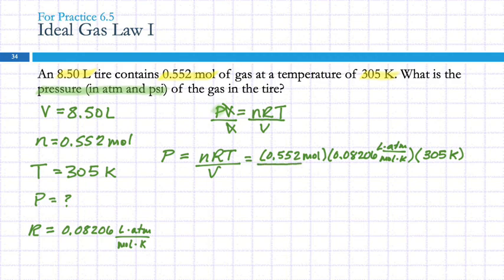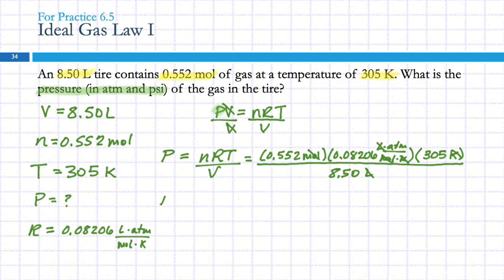And then all of that is divided by volume, 8.50 liters. Always good to check the units before you put the numbers into the calculator. And if we look at these units, we see that a lot of them cancel out. Liters will cancel, moles will cancel, kelvins will cancel. And the unit that is left is atmospheres.